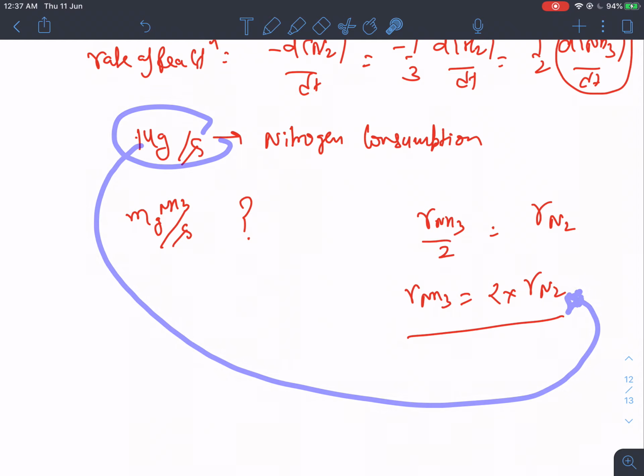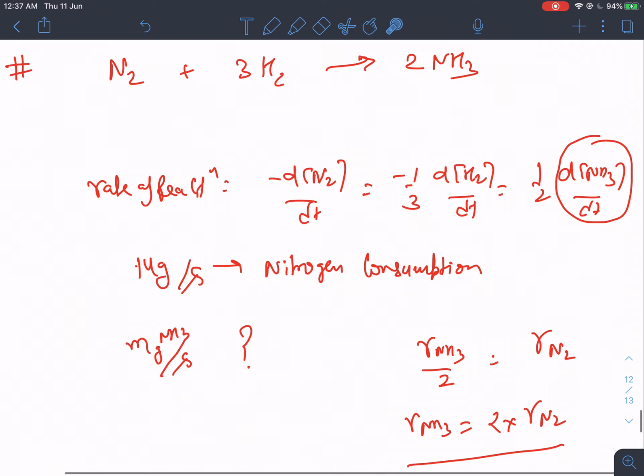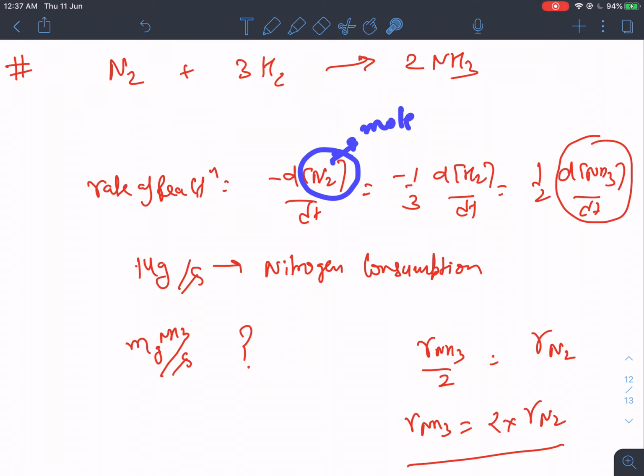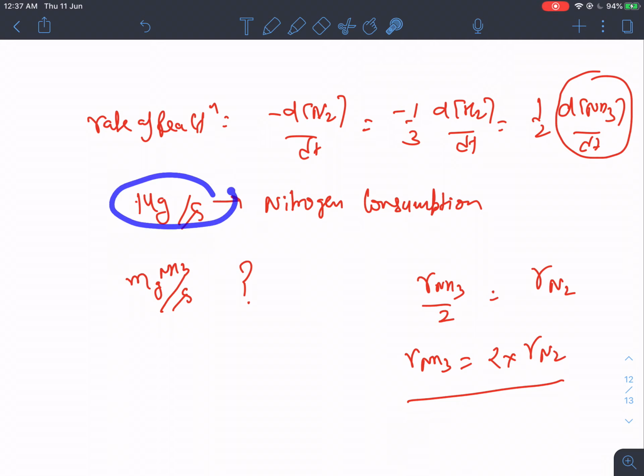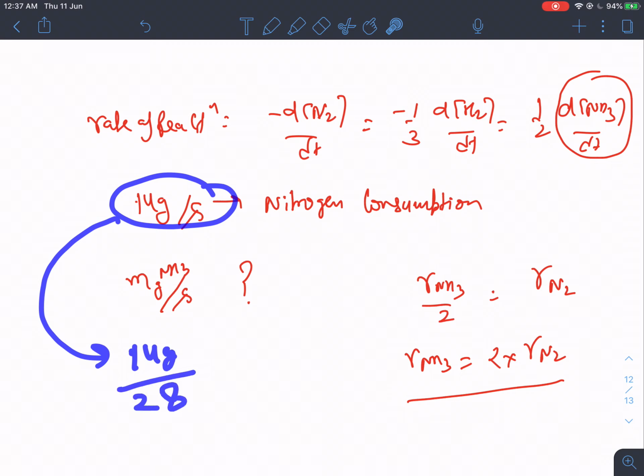Because in the expression we are discussing concentration, which tells about mole per liter, or the relation in moles, not in grams. So first we have to convert this 14 gram into moles. So 14 gram divided by 28 gram per mole, that means 1 by 2 mole per second.